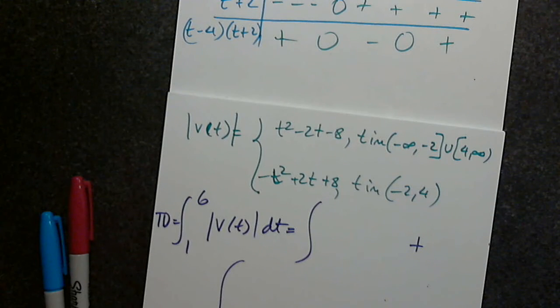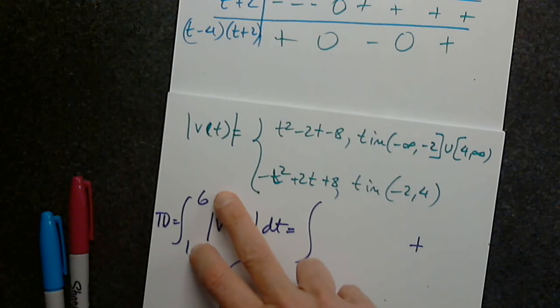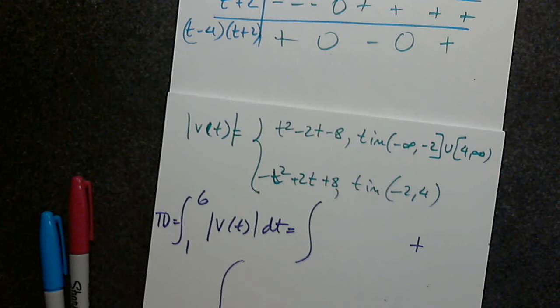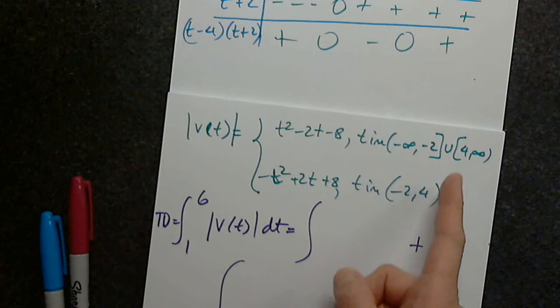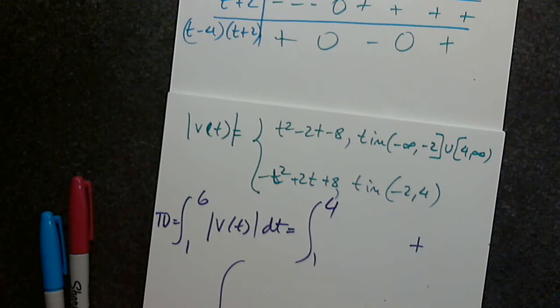We only have 1 to 6. I cannot start with any negatives. And there is a break at 4. 1 to 4, of course, dt, and the other one from 4 to 6.